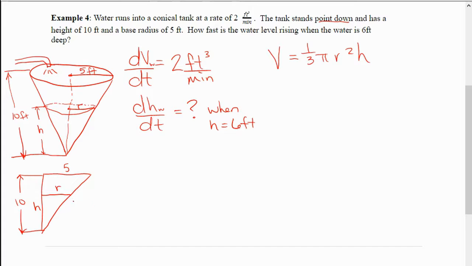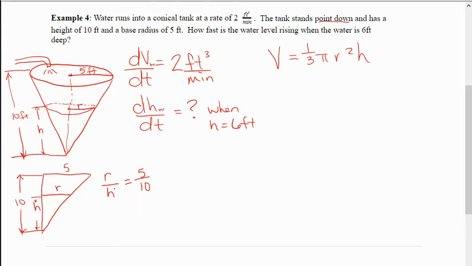So we can use the similar triangles to do this. So, all right, I'm going to write myself a proportion. I can say that the radius of the water and the height of the water is proportional to the base radius of the cone and the height of the cone.